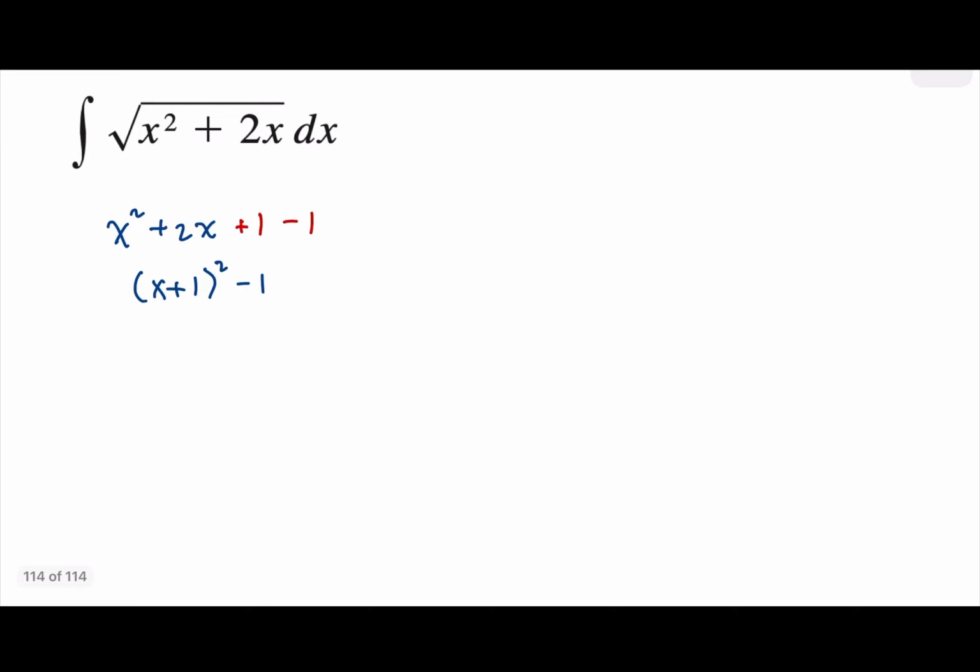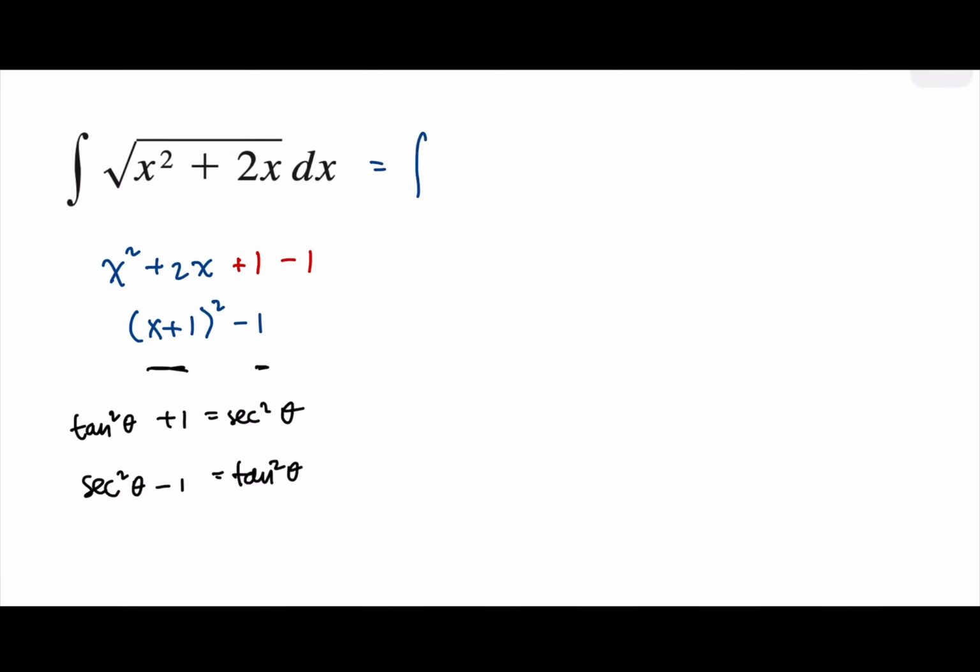So we have something squared minus a constant, which if we remember, this will be a secant. Okay, and then the other integration, we have the square root of x plus 1 squared minus 1, and then dx.